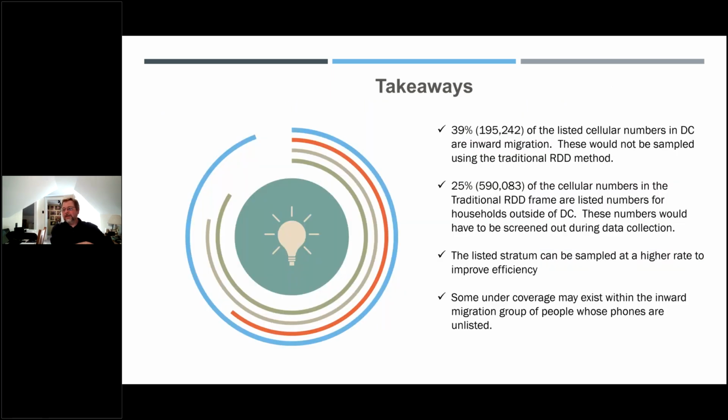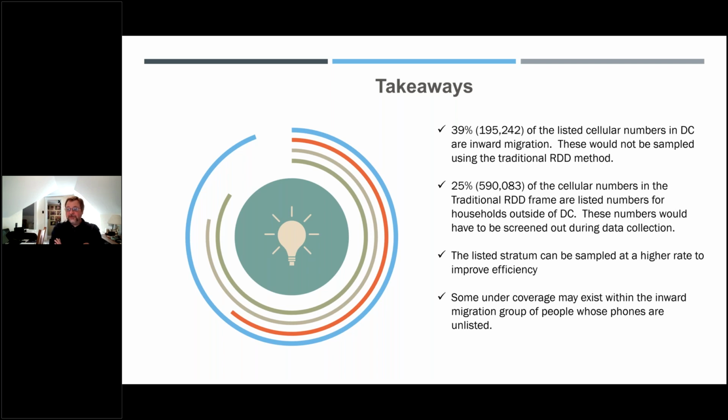So, takeaways from this example: 39% of the listed numbers that are in the DC frame are a result of inward migration. That's a significant number. Under the traditional RDD methodology, that 39% would not have been included in your frame.